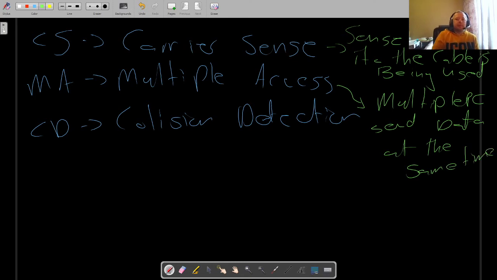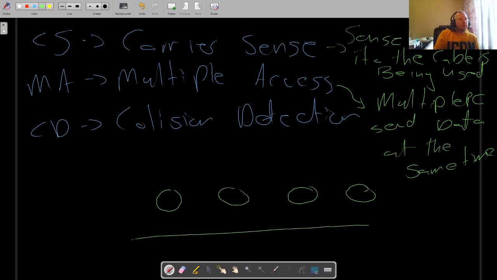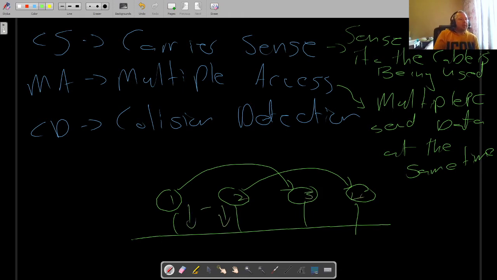Okay, because remember, we can have the situation where we have 4 computers wanting to send data. Computer 1 and 3 want to send, and computer 2 and 4 want to send data. So when they want to send data, computer 1 and computer 2 can do this at the same time.